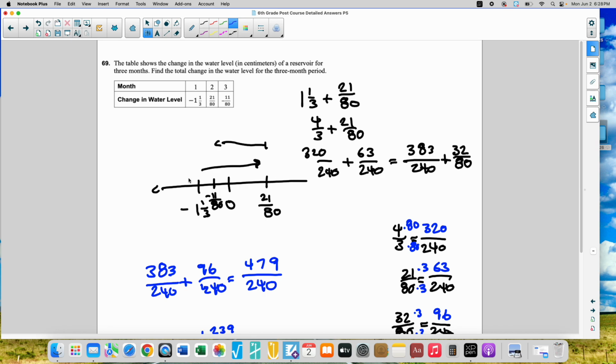Negative 1/3 to 21/80 to negative 11/80. What is the total change in the water? Oh, the total. Yeah, the total change. It went up, it went down. Total change for the level of the 3-month period.